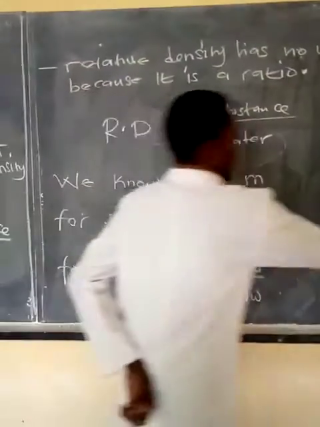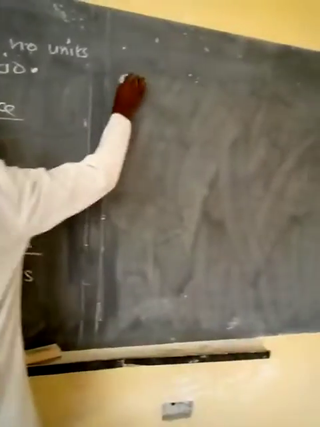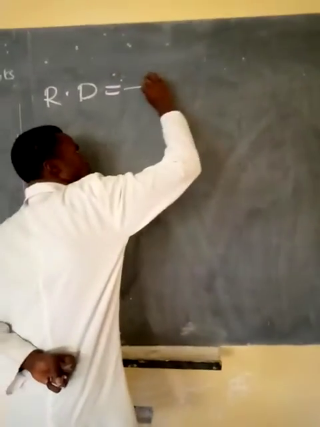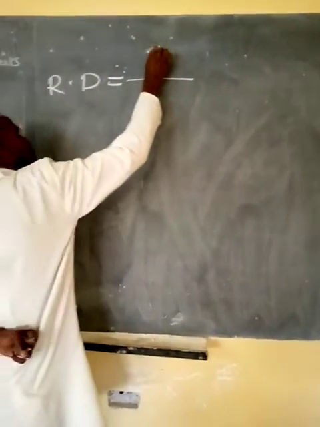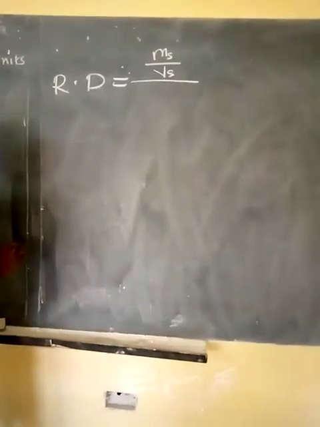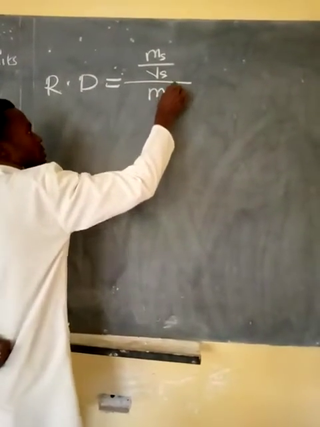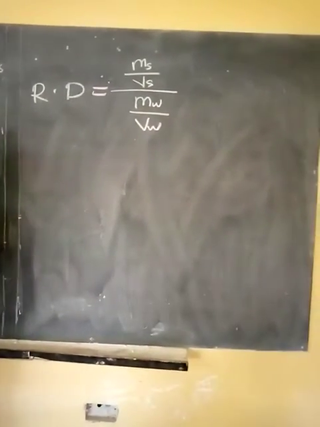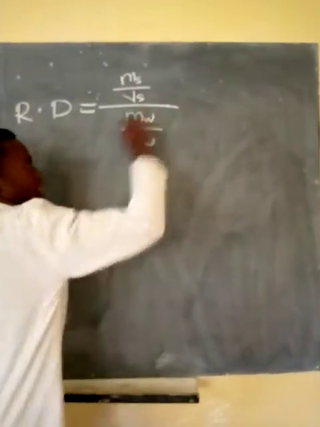Then we put now these formulas so that we see the formula that we can come up with. So I'll write it from this side. RD is equal to, for the substance, mass S over Vs. Then for water, mass W over Vw. Then we know this is a division.